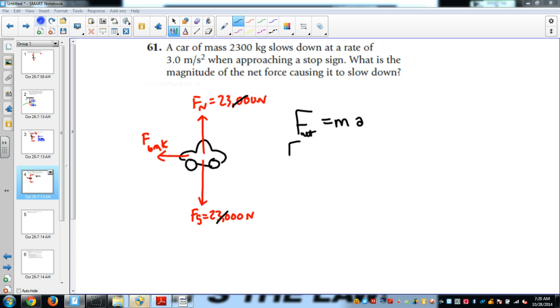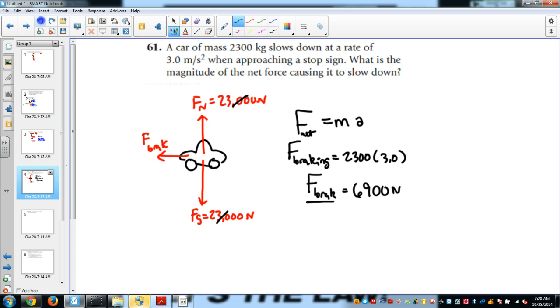So my net force is the braking force. The mass of this thing is 2,300, and the acceleration is 3. So I take 2,300 times 3, and I get 6,900. So that braking force is 6,900 newtons.